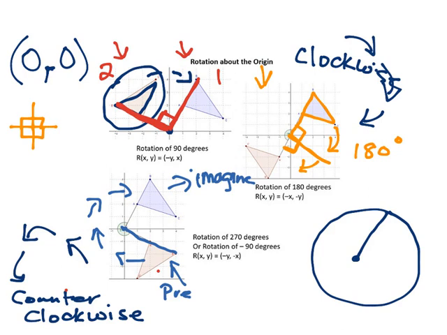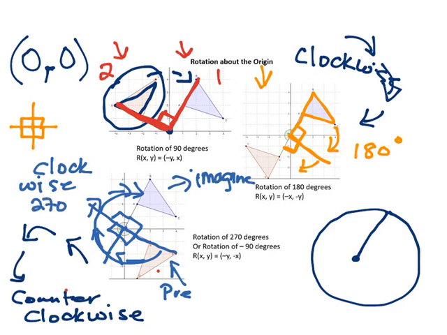And I'm going to draw out my degrees here. So each of these is 90 degrees. So it went 90, 180, 270. So this went clockwise 270 degrees.